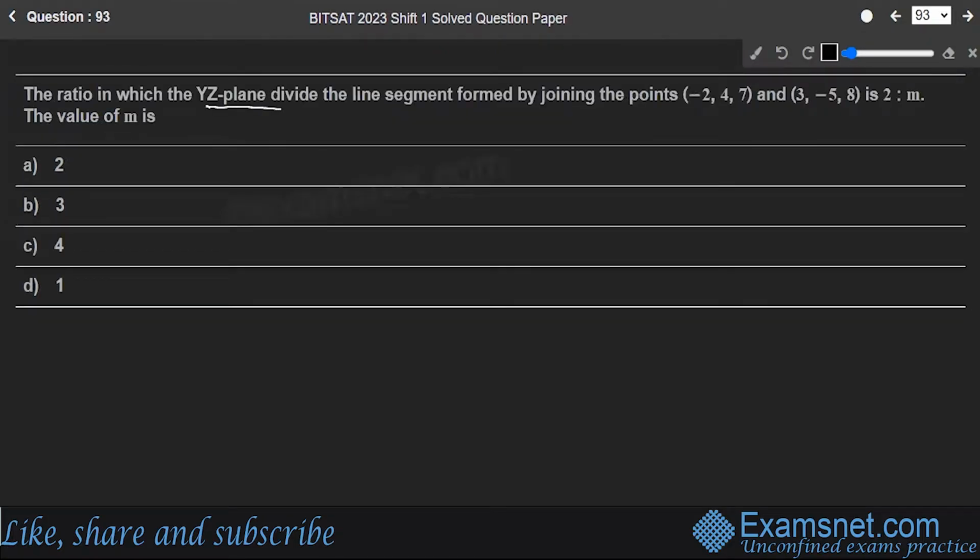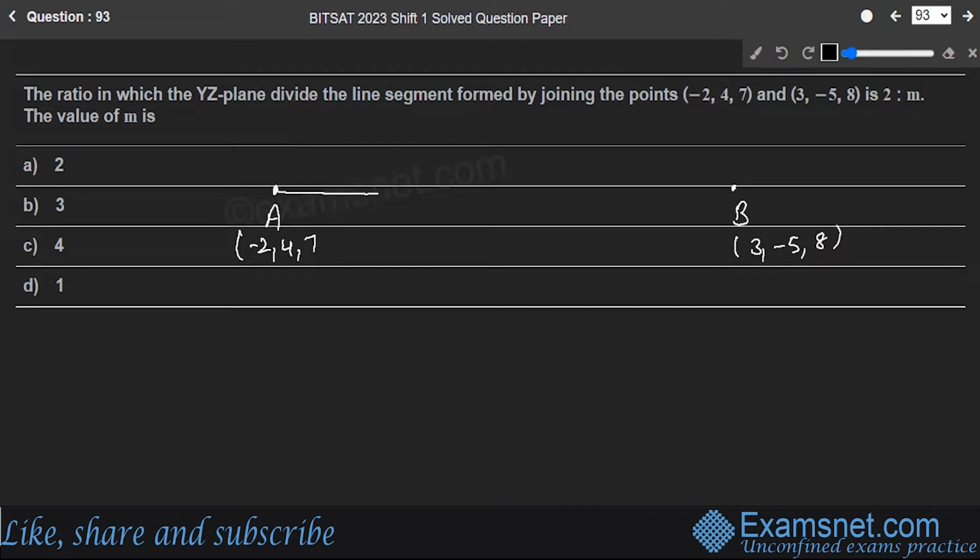The ratio in which the YZ plane divides the segment formed by joining these 2 points is 2:m. Then you have to find out the value of m. Here you have the first point, let's say this is A, which is -2, 4, and 7. And let's say this is the point B, which has the coordinates 3, -5, and 8.